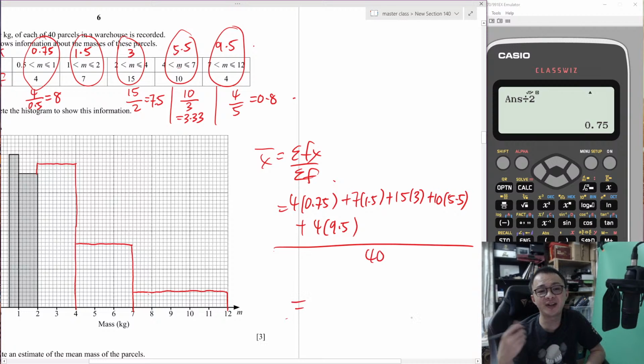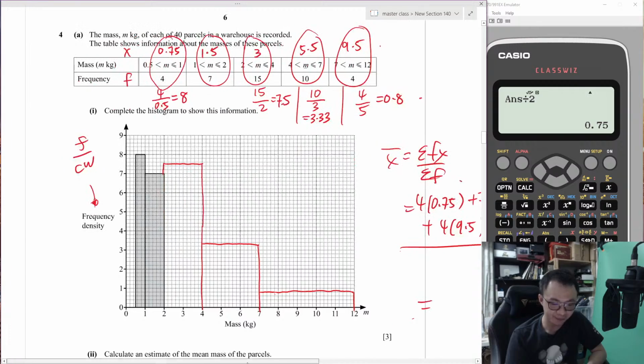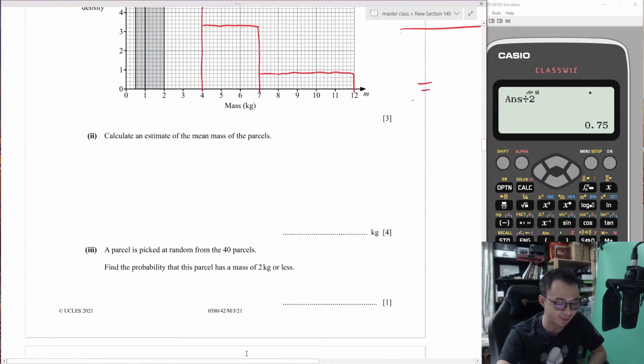Then you type everything into the calculator and you should be able to get the correct answer here. I'm not going to type the calculator for you.